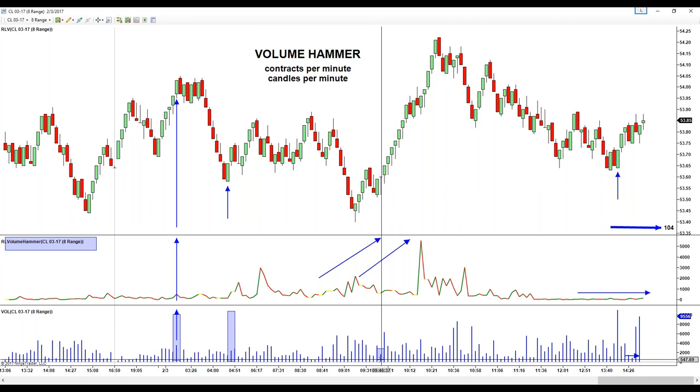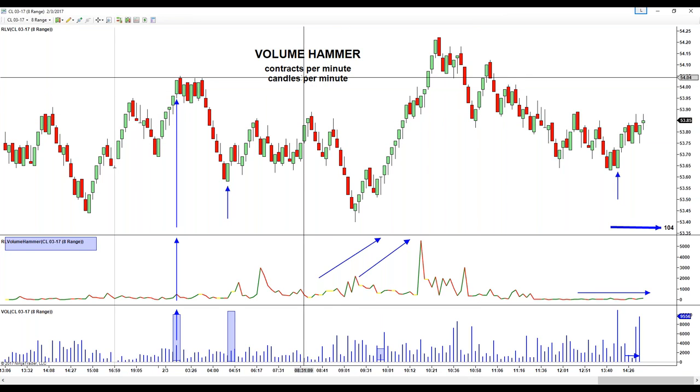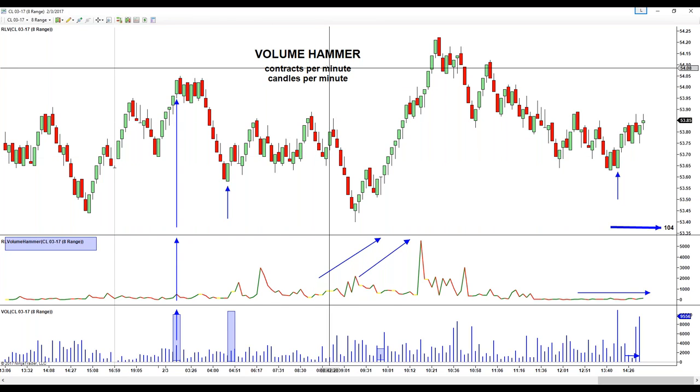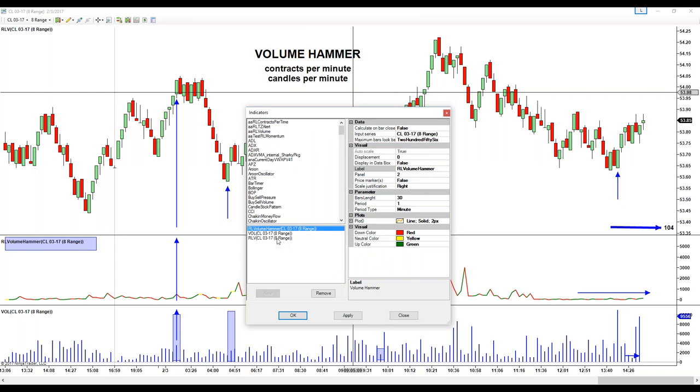But in fact, there may be an enormous amount of volume turning here, but the market just fires up here. So you need a volume indicator that assimilates data based on one independent variable, simply the number of contracts crossing per minute.